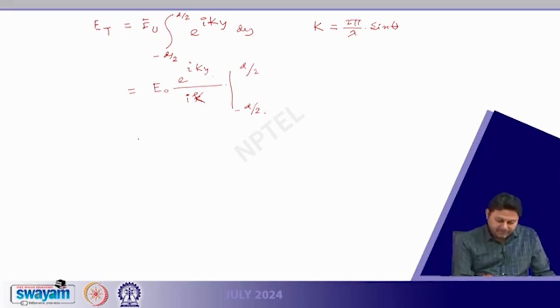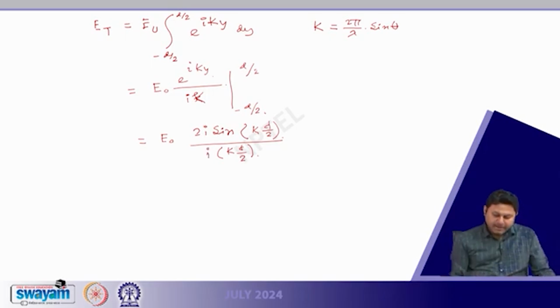And that is simply E naught. When you put d by 2 plus d by 2 and minus d by 2, we simply have 2 i sine of k d by 2, whole divided by the denominator we have k, and also one i will be there.